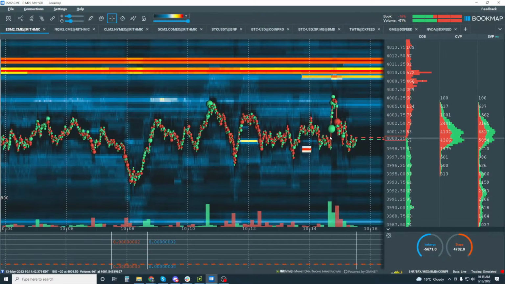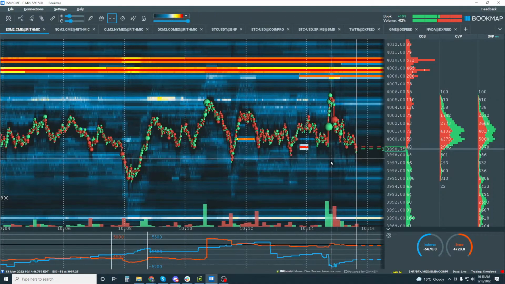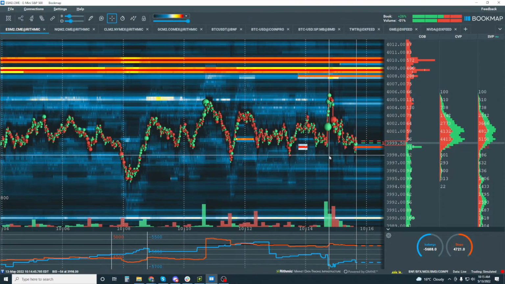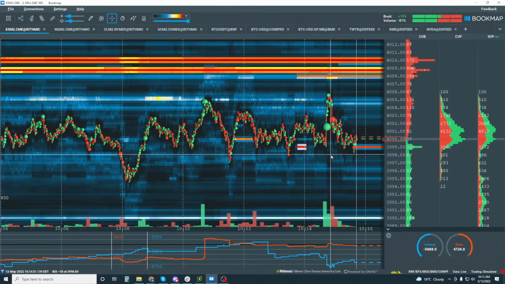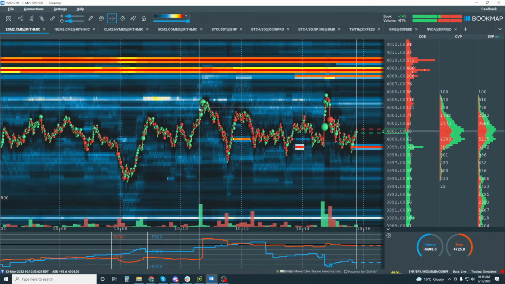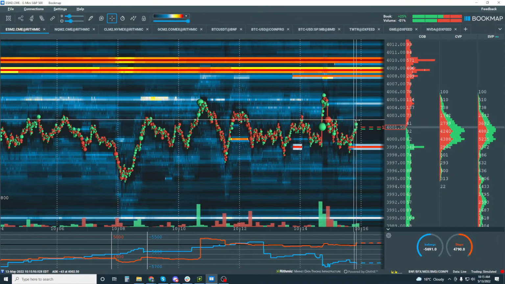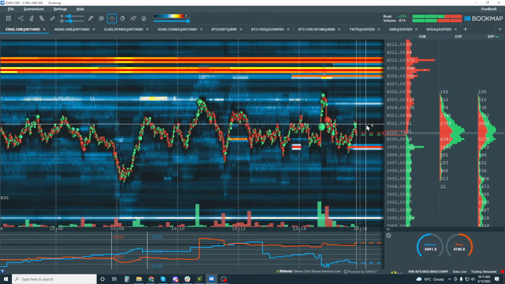Tricky action here as we're waiting for one or the other. If you're going to follow through or not here, and we're not seeing it yet. This looked really good for the follow through. So did this over here. Okay, back up to 02.